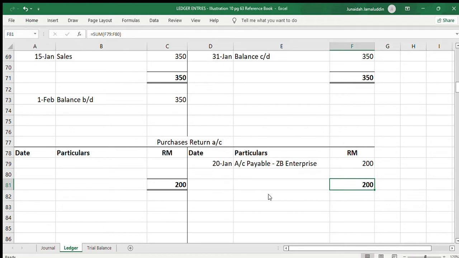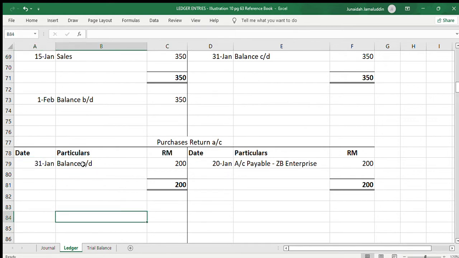Okay. So the difference is at the debit side. Yang kurang di sebelah debit kan. Difference amounted to 200. So difference di sebelah debit ni lah is the balance CD on 31st January. Right.